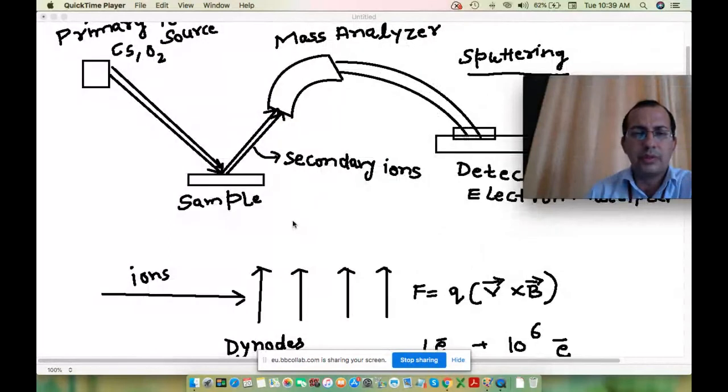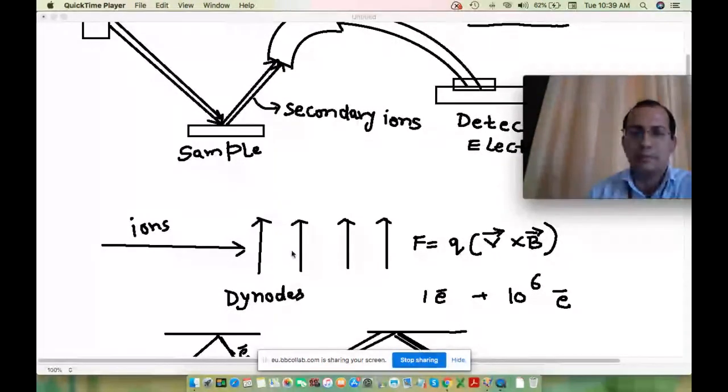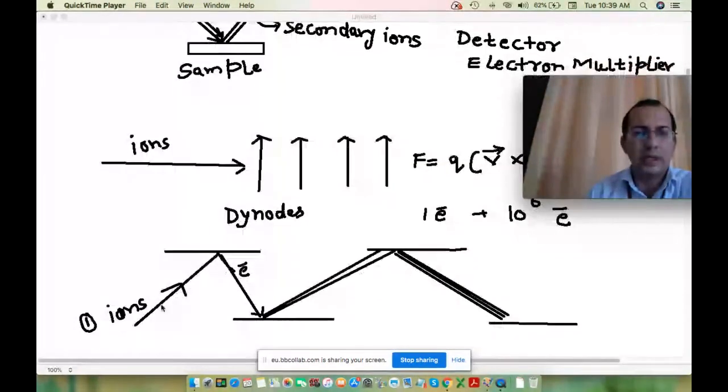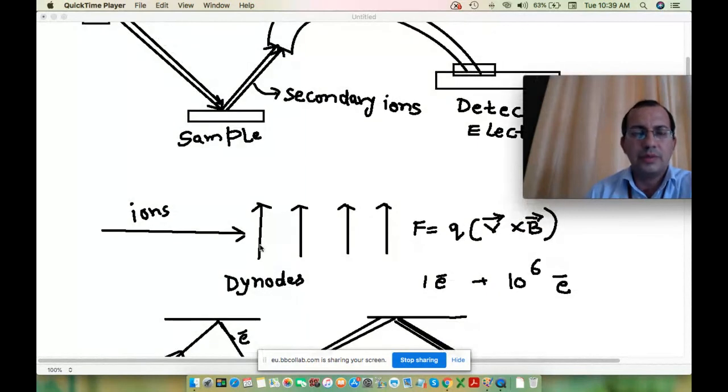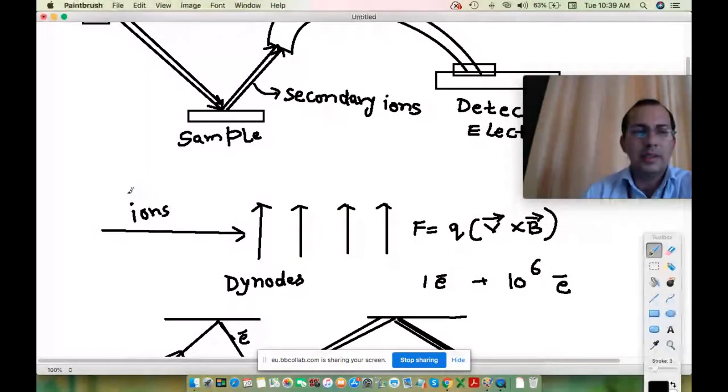Basically, the question is related to this part where we are trying to separate the ions on the basis of the mass to charge ratio. You would have the Lorentz force acting in this case, and this Lorentz force depends on something.